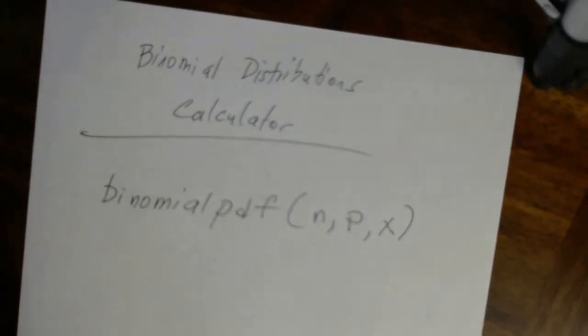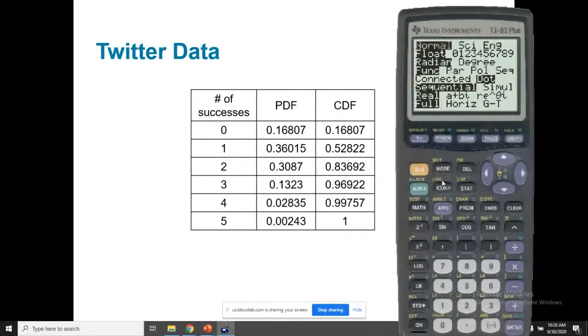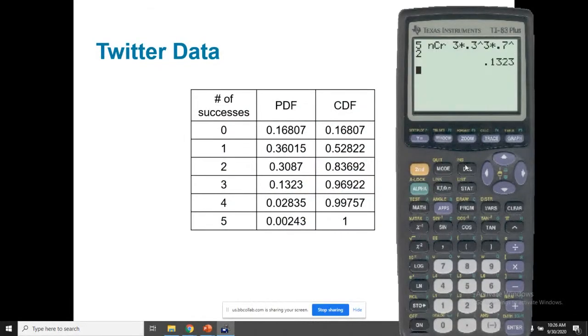So I'm just switching screens here for a second. All right, so I'm at my main screen. In order to get our binomial PDF function, I want to go into second, and hit vars, which is distribution.